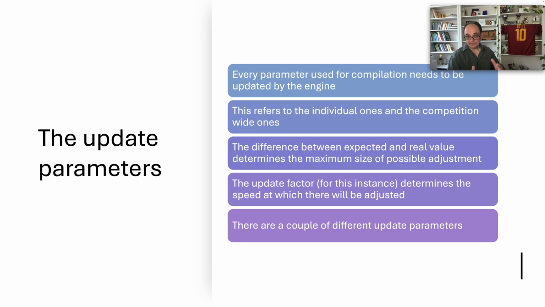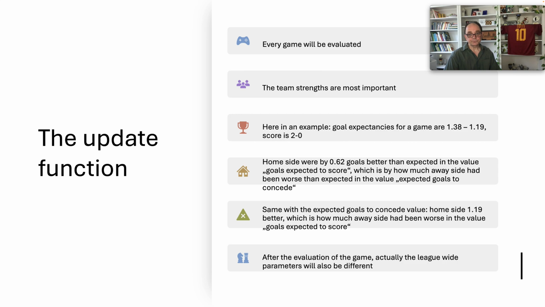From there, the update factor for this instance determines the speed at which it will be adjusted. So we will always adjust. We have a difference between what we expected and what occurred. Then we say, how big should the effect be? There are a couple of different update parameters even.